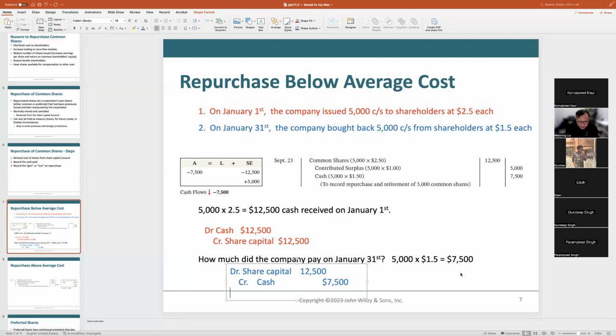So you have to credit something else, and the difference is called contribution surplus. That's what happened: the company makes some surplus by selling and buying stocks. Okay, that's basically what contribution surplus is. So that's the $5,000.